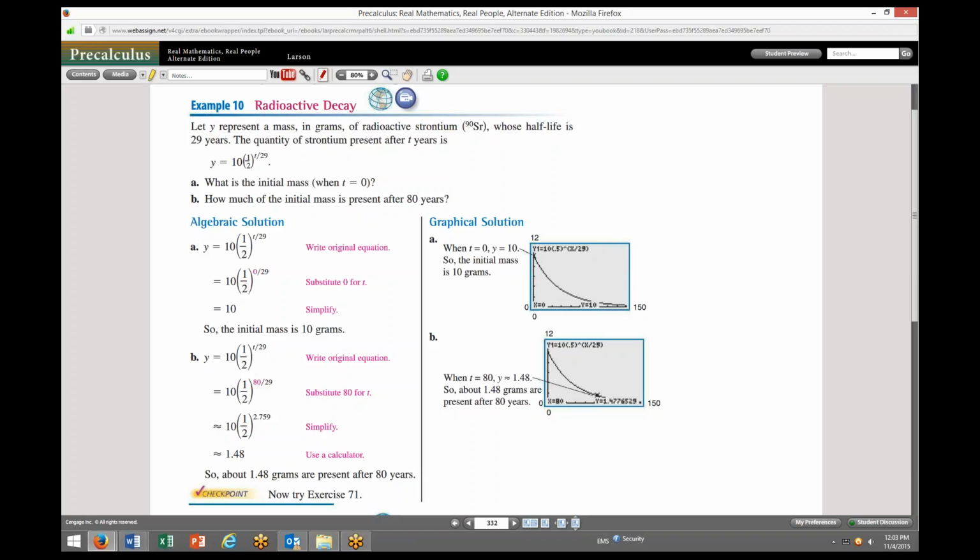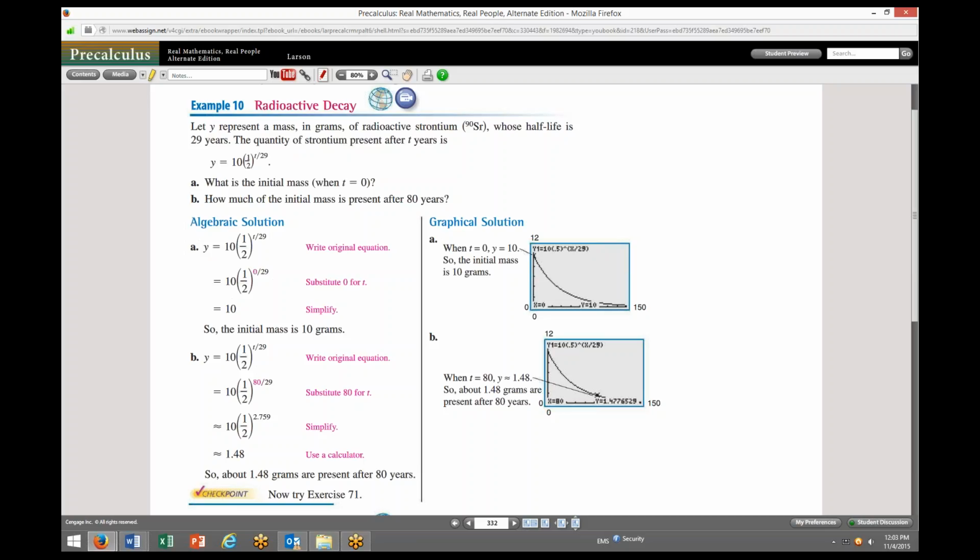In this particular case, half-life is 29 years, and the formula for the amount present after t years is 10 times 1/2 to the exponent of t divided by 29. So notice t is the number of years, 29 is the half-life. For instance, if t was 29 years, then 29 divided by 29 is 1.